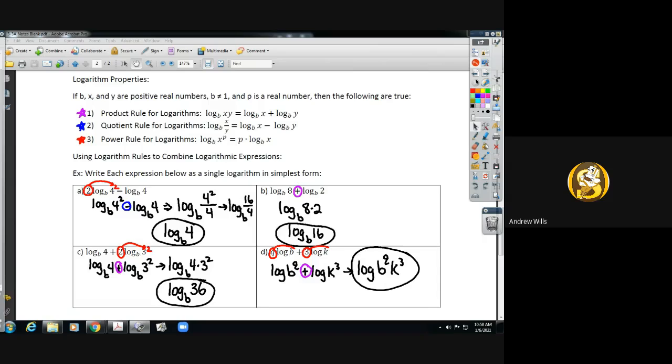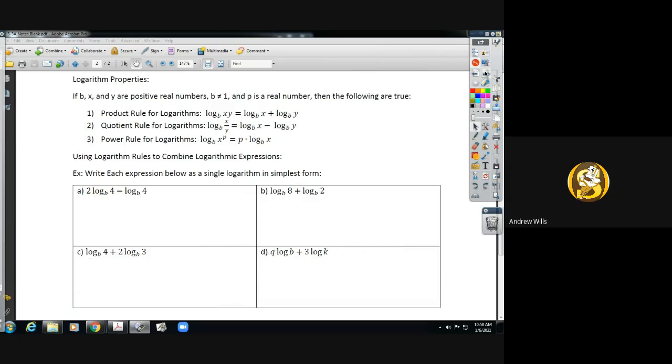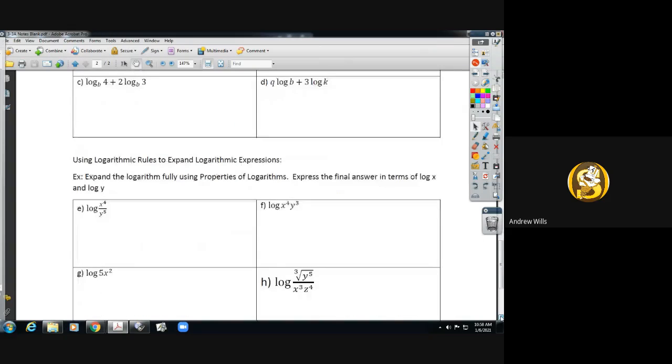Any questions before we advance to the next step, which I believe is the last step of the notes for the day? Alrighty, so we're going to move down the page then, and we are going to expand using those rules.